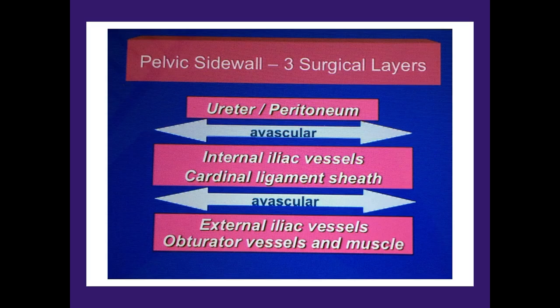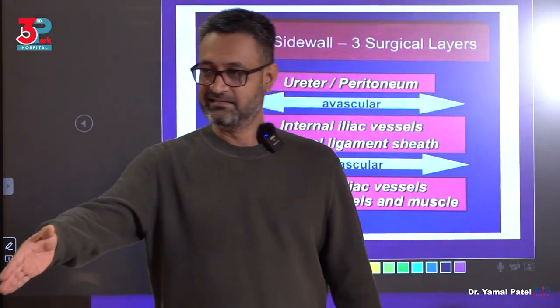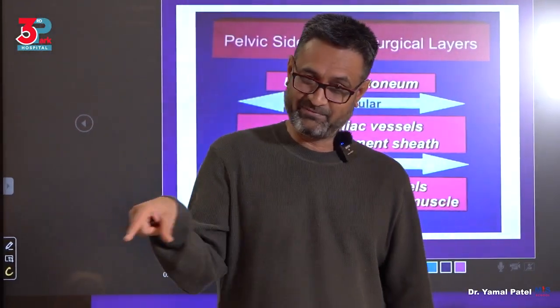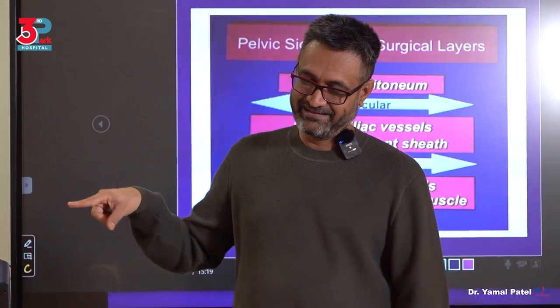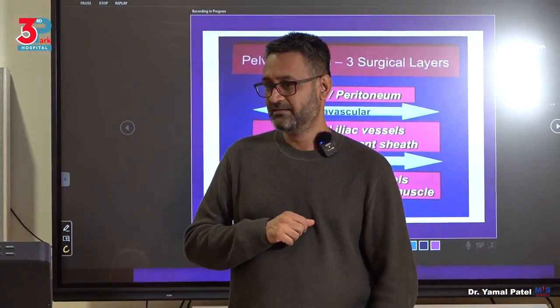So in the side wall of the pelvis, the superficial layer actually has the ureter just under the peritoneum. The ureter, God has created in such a way that He shows us: this is the ureter. You will see it peristalsing up and down. Now, if you can see it, there is no reason we should harm it.